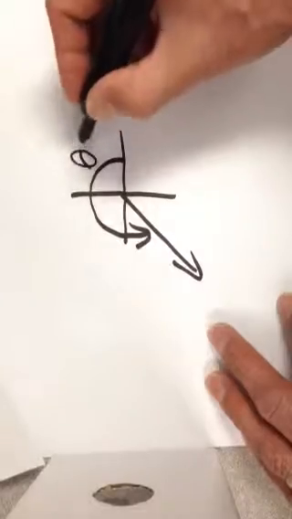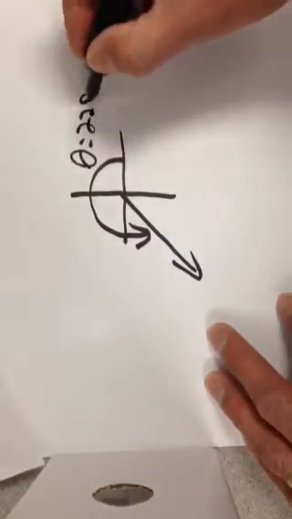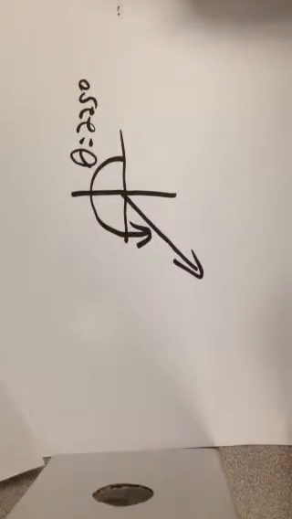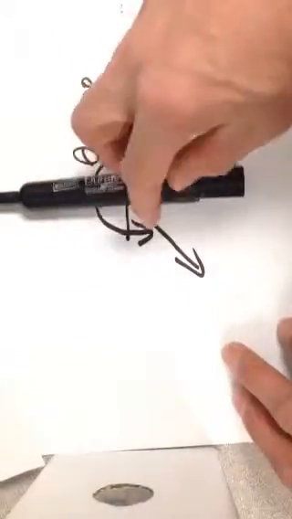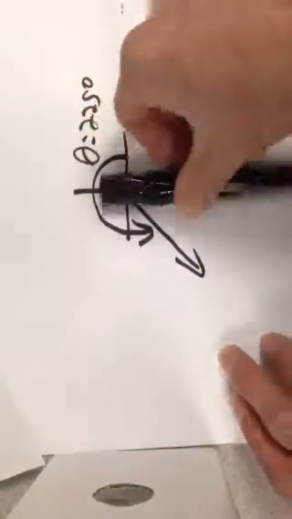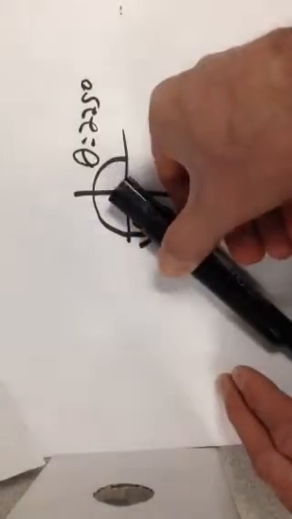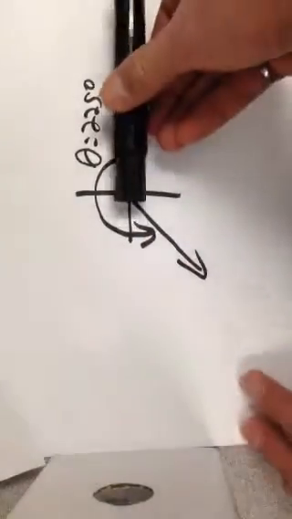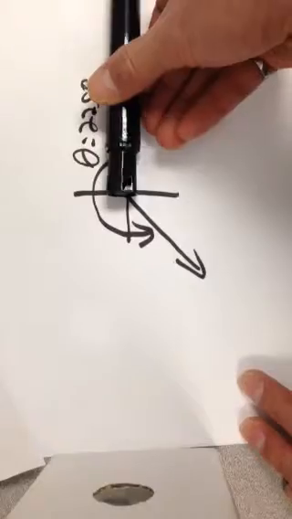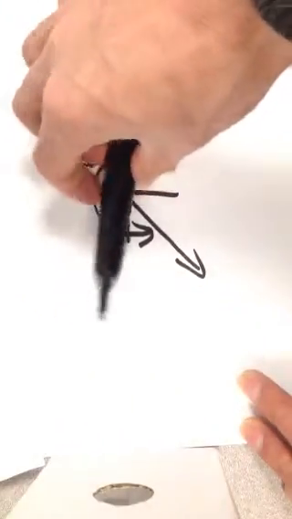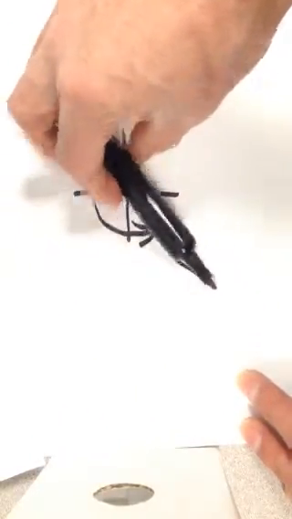So we would say theta is equal to 225 degrees. Now it's not typical for the standard position angle and the true bearing to be the same. This is the only spot. Because remember, the true bearing starts north, and we would rotate 225 degrees clockwise to get here. Standard position starts along the positive x-axis, and we would rotate 225 degrees counterclockwise also to get to that same position.